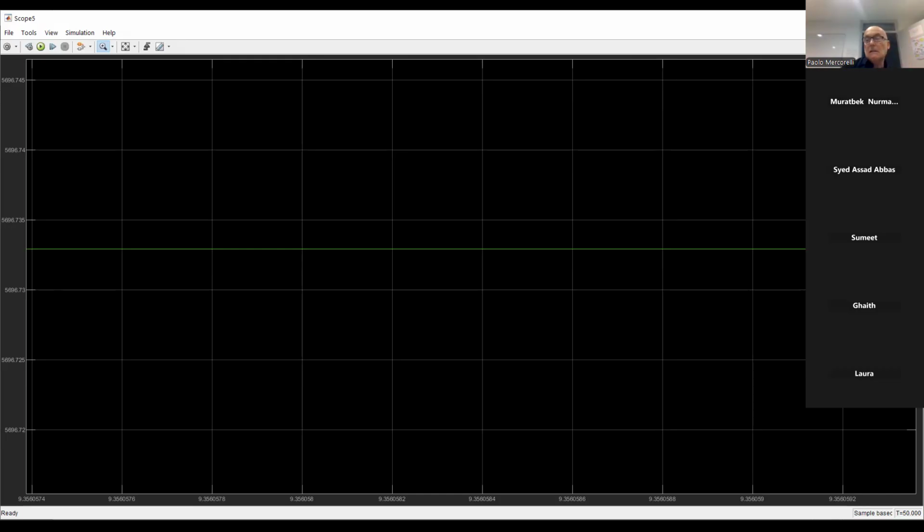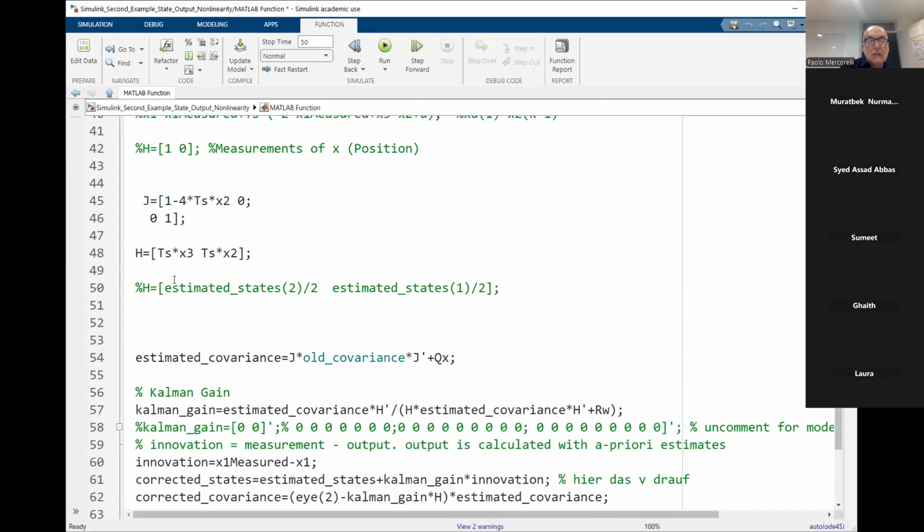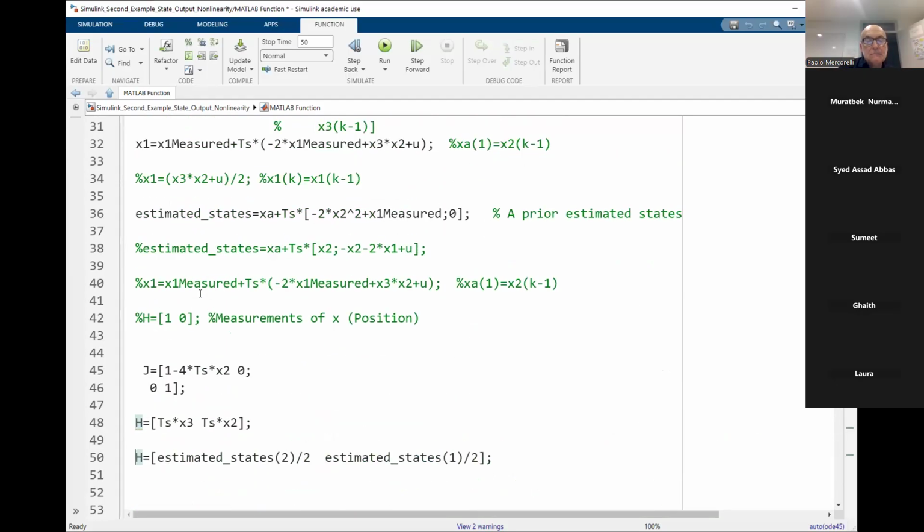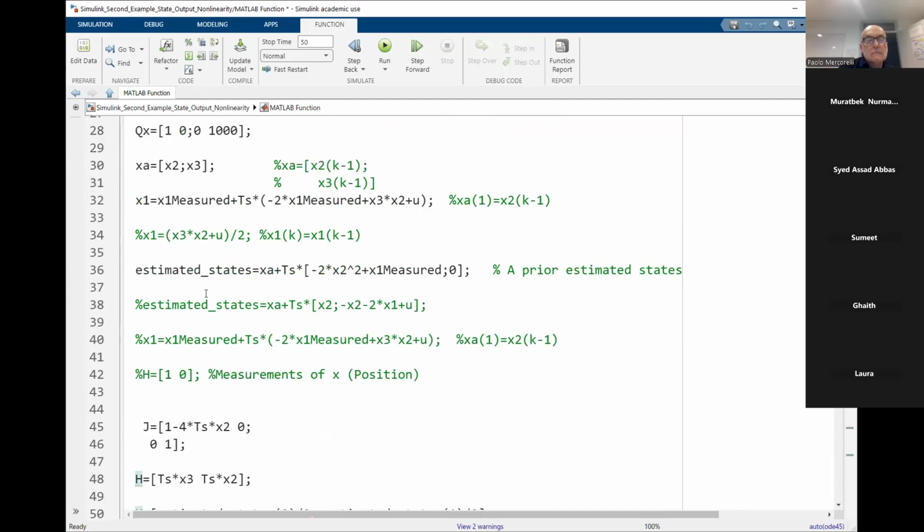Okay. Let me now go here again. Let me go here inside. And let me change with this hypothesis. This is the new output Jacobian. And this is the output.